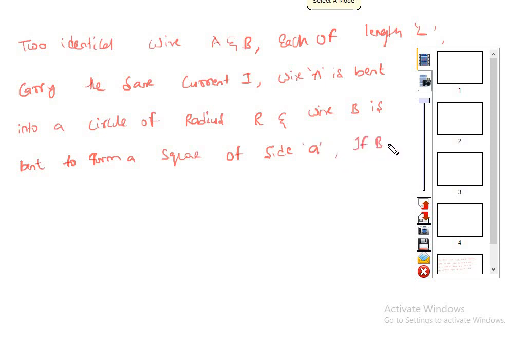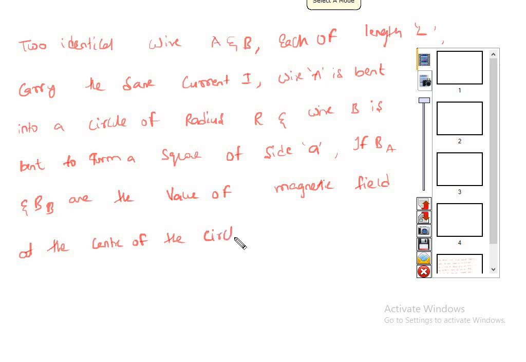If BA and BB are the values of magnetic field at the center of the circle and the square respectively, then the ratio of BA by BB is?